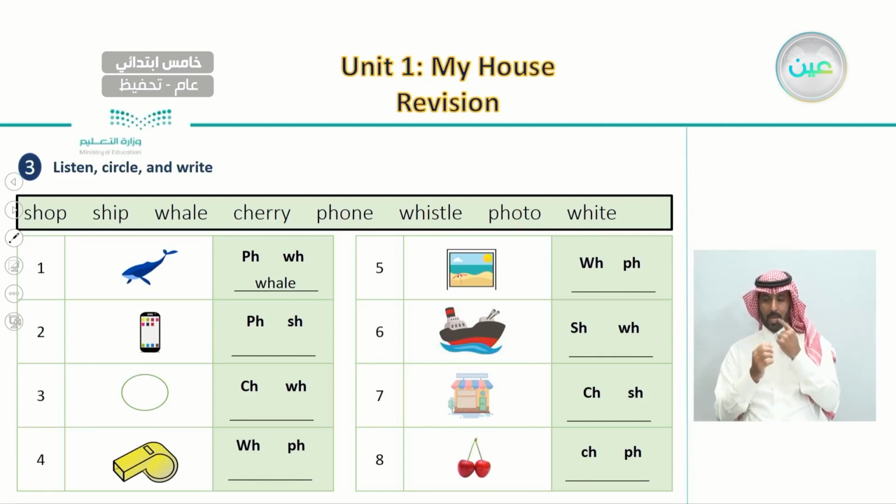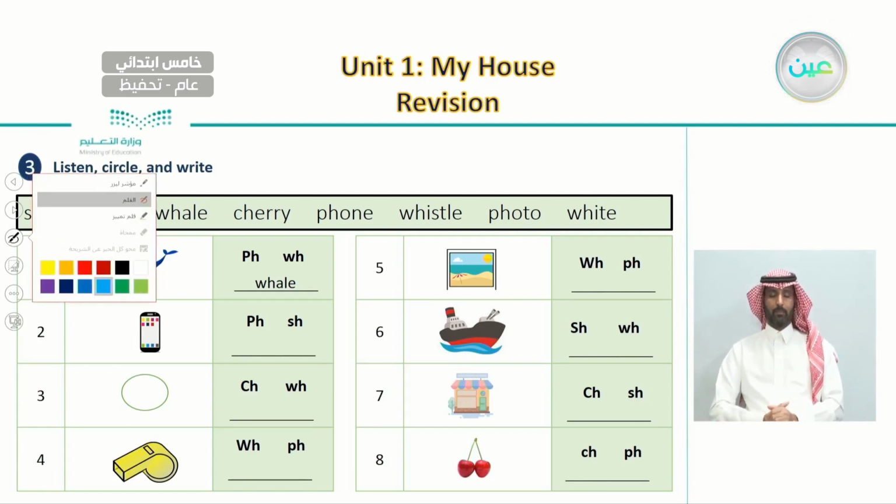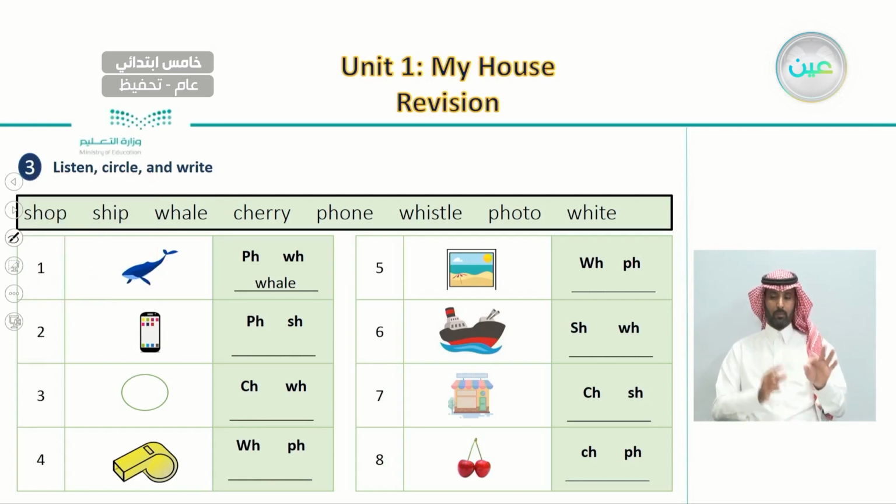What we're going to do is circle the letters of the word we choose. For example, in the first one, we choose the word whale, and we circle W and H.